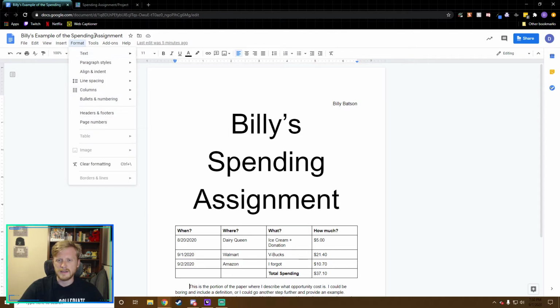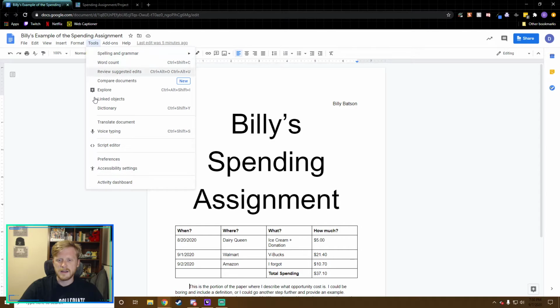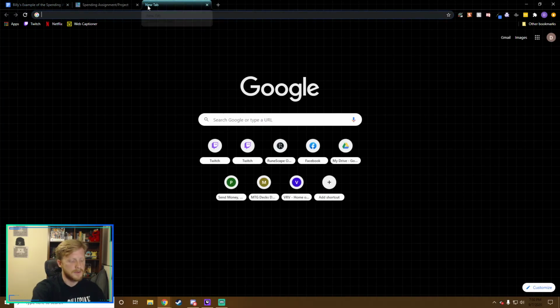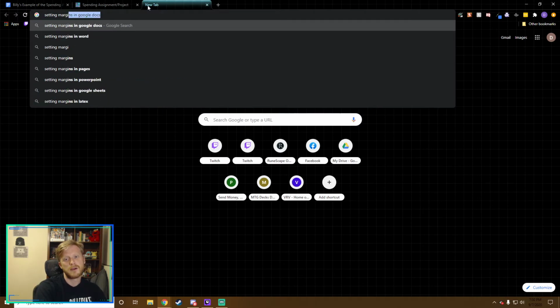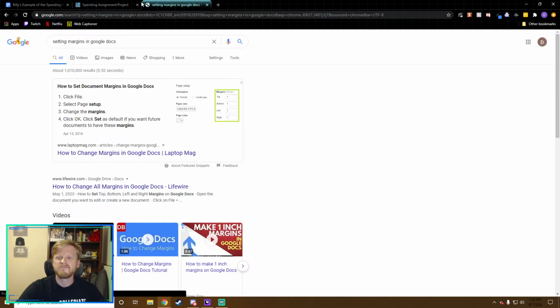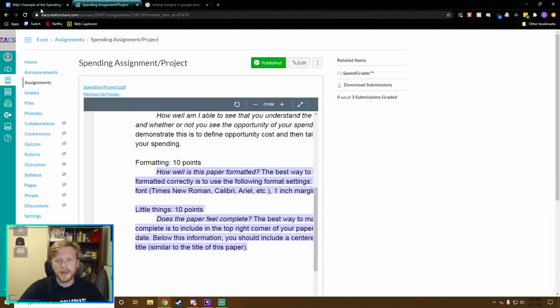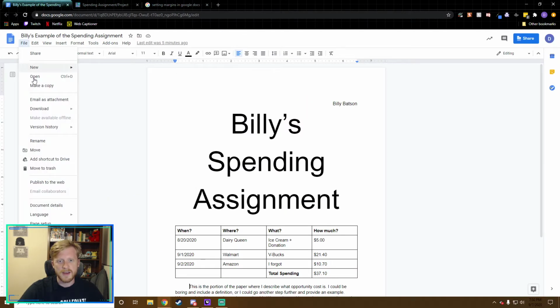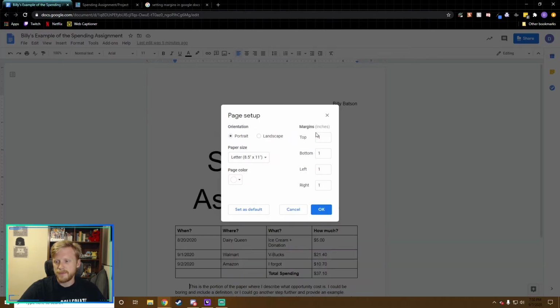Tell you what, guys, when in doubt, Google. Setting margins in Google Docs. File, page setup. Easy peasy. So it was under file, page setup. Okay, looks like all the margins are 1 inch here, as you can see. So Billy's good to go.